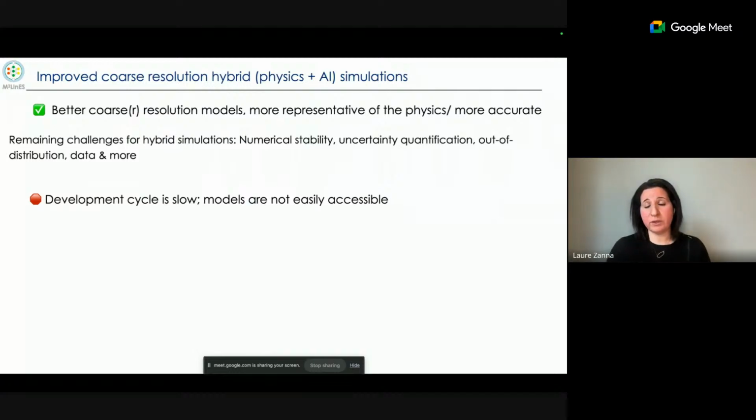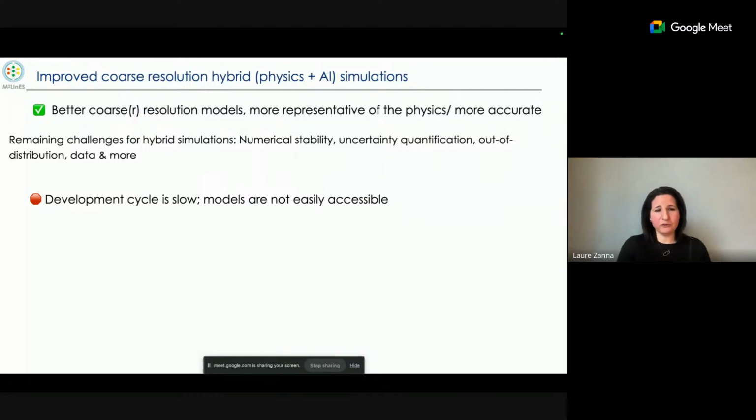I didn't talk about uncertainty quantification here, but as you can imagine, I'm learning something from data that is not necessarily the ground truth, so we should have a way to quantify that. Out of distribution, even though we have a better way to represent the physics, I can't model every single scale interaction in the world under every single type of regime. So there are many challenges. I'm happy to talk about it some more in the Q&A.